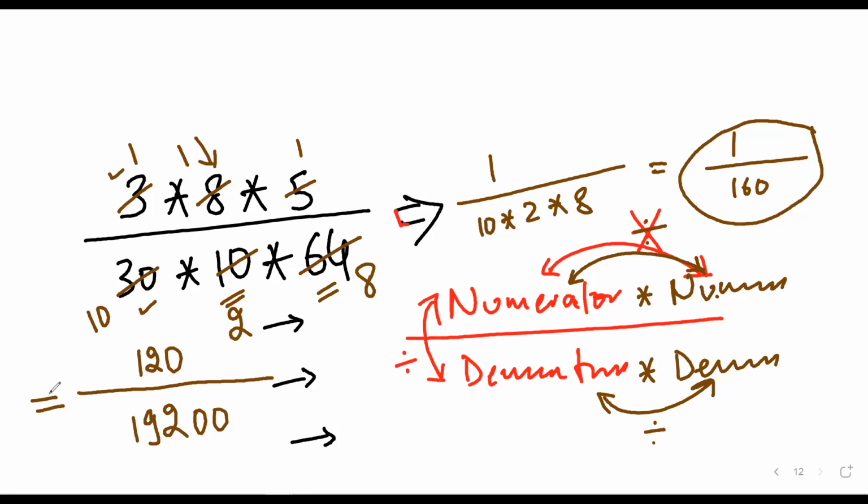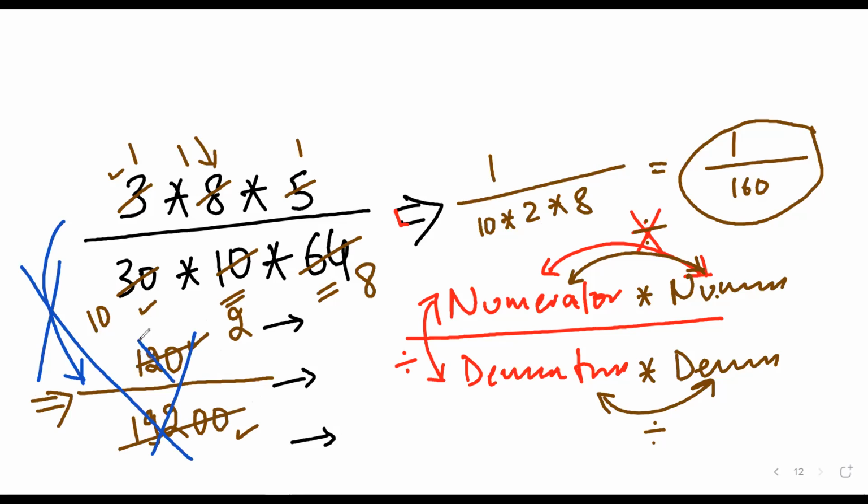They'll put the numerator as 120, the denominator as 19200, and then start the cancellation. Have you understood what I'm saying? Yes, sir. So the point that I'm trying to make is this method is okay, but it is very time consuming. So please do not follow this method wherever possible.